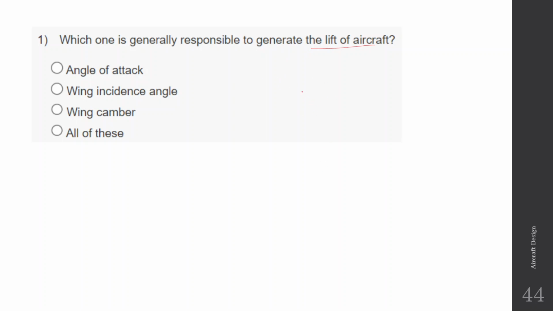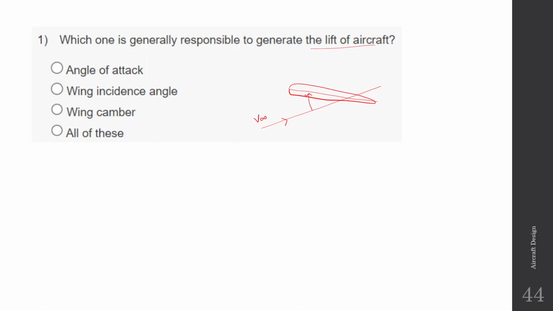Okay, so angle of attack, you know that if your wing is like this, and your velocity, the V infinity, is like this, so the air is flowing in this direction, and your wing is like this, then this is your mean chord line.